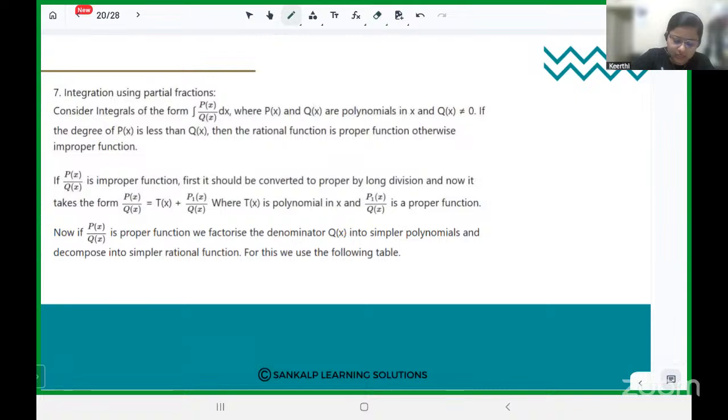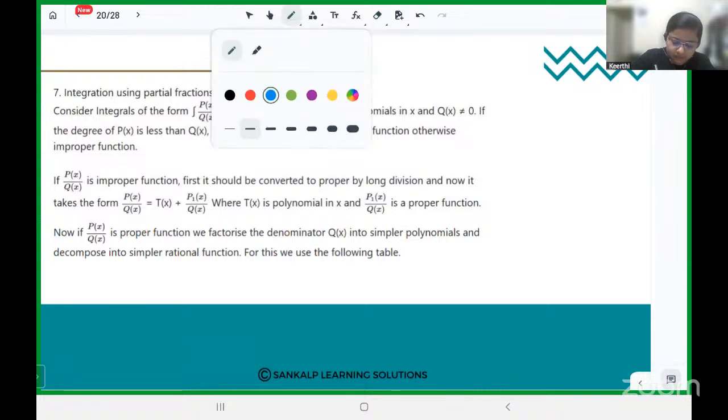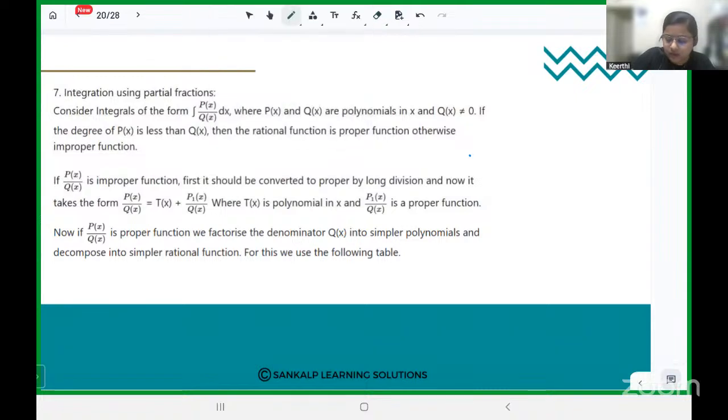A function of the form f of x by g of x is called a rational function, isn't it?